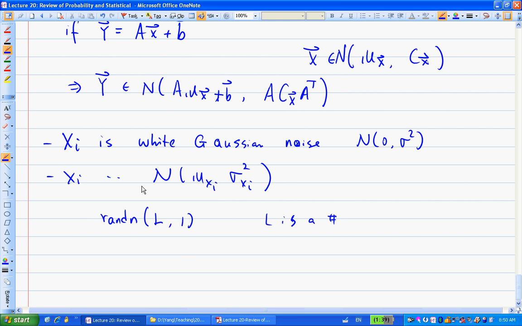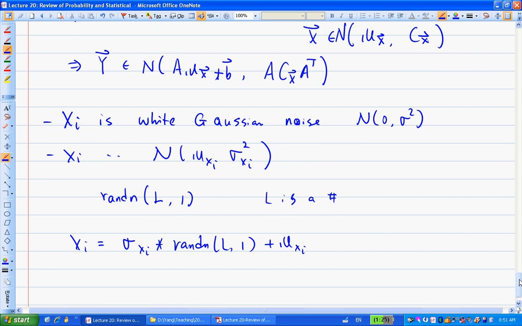What you use is basically xi equals mu plus sigma times RANDN(L,1). Sigma here and mu here. So you can use this way to generate the noise as you want.